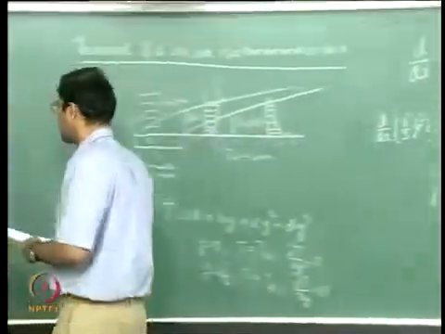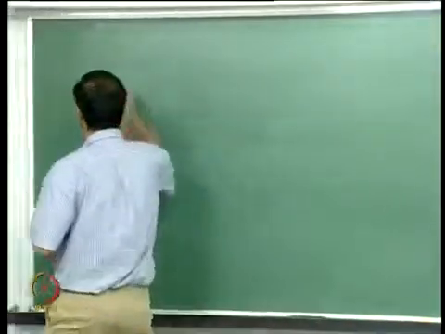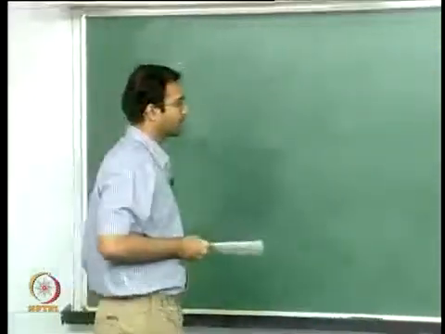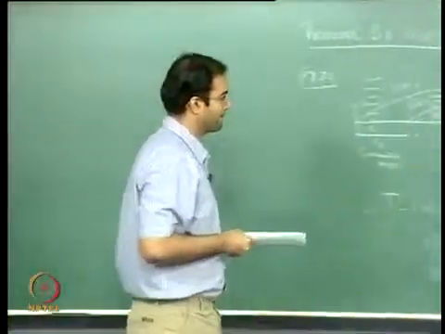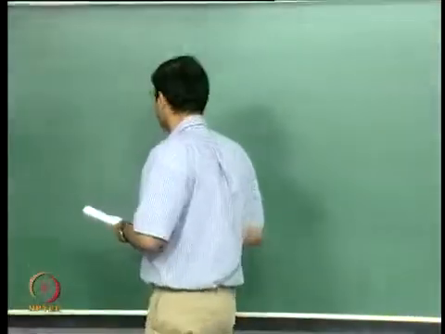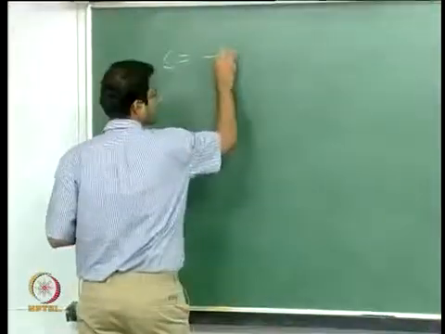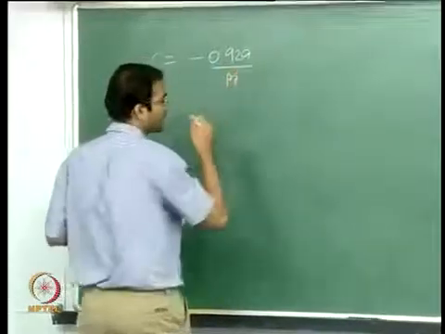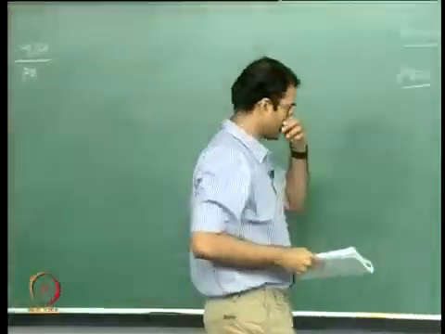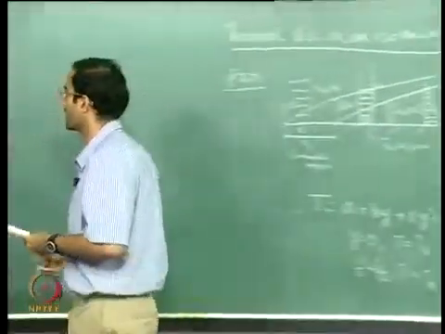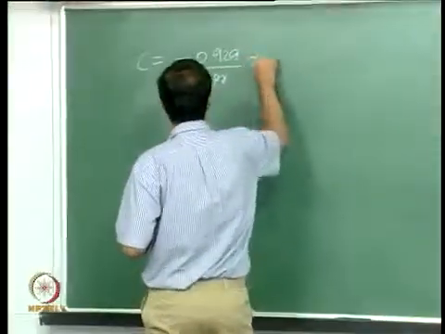Can you substitute and let me know what the constant comes out to be? It is minus 0.929 by Pr, and this will be x naught power minus 3 by 4, which will go to the other side and become x naught power 3 by 4.